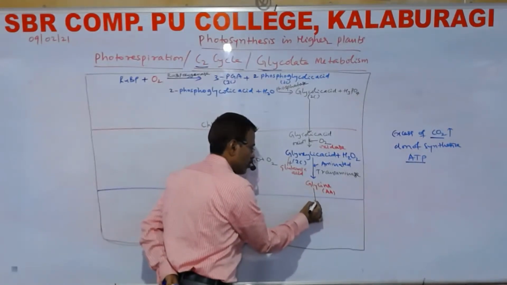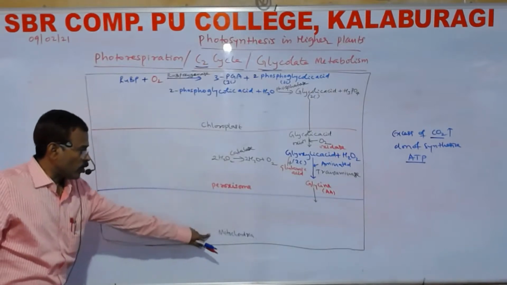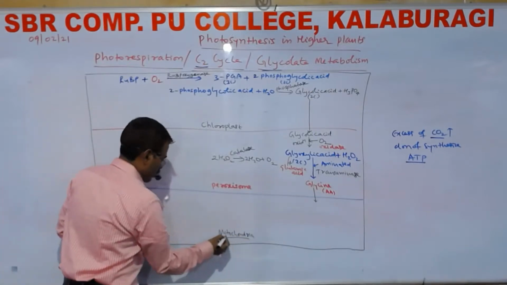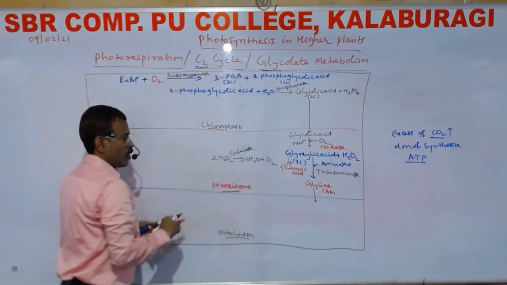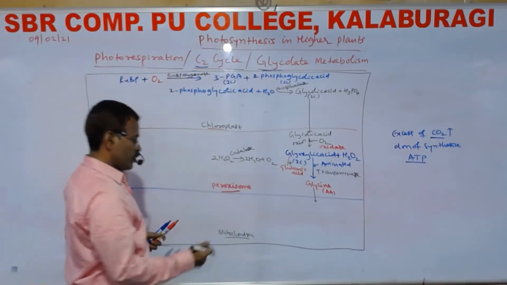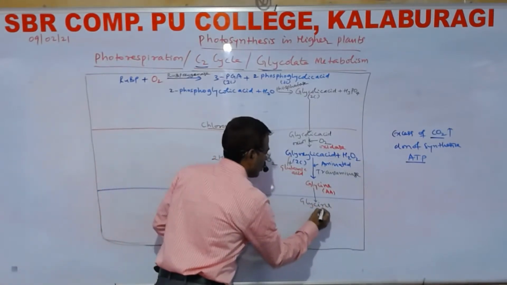Now, this glycine enters into the mitochondria. This is the mitochondria, this is the peroxisome, and this is the chloroplast.